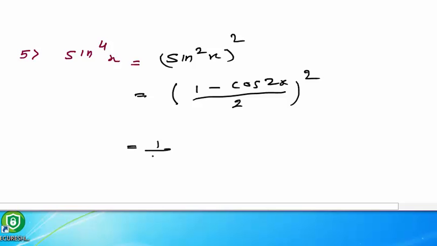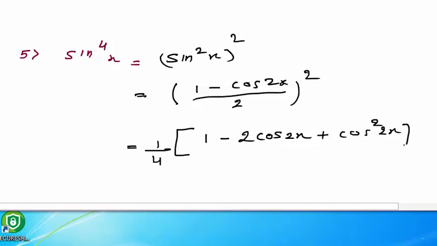Now this 1 divided by 2, when I take it out of the square term, becomes 1 upon 4, and this will be 1 minus 2 cos 2x plus cos square 2x.